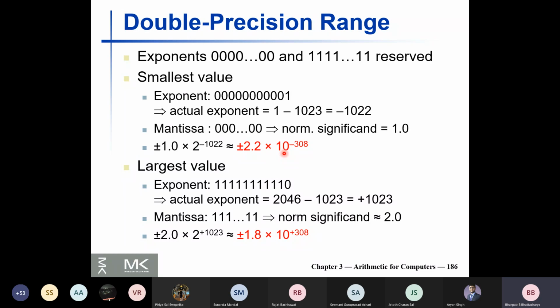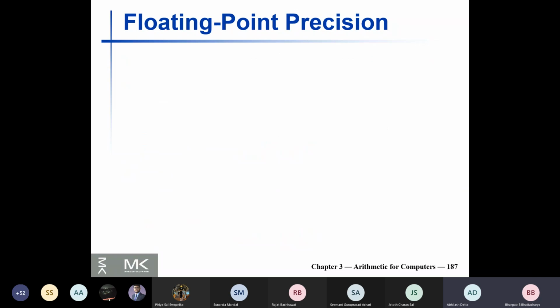In the previous case, we had 10 to the power minus 38. Now you have 10 to the power minus 308, and here 10 to the power plus 308. So this is a quite large range in double precision. Do you follow me? Yes, sir. Okay, good.